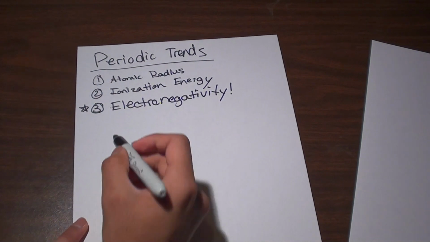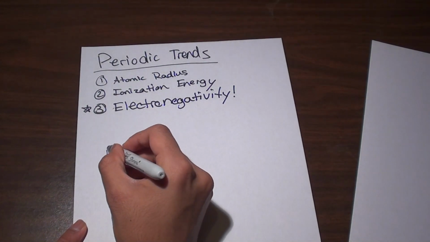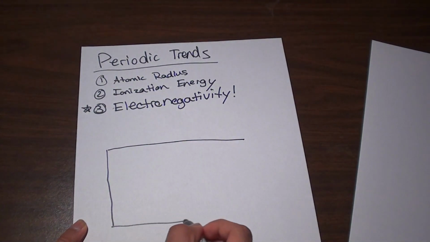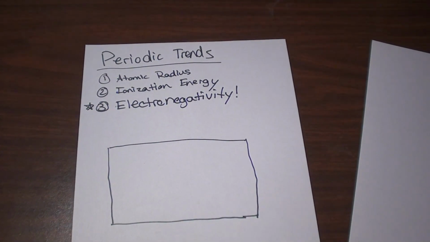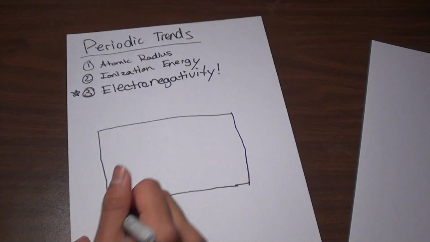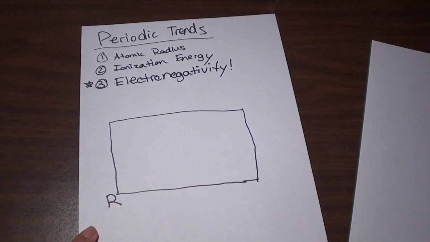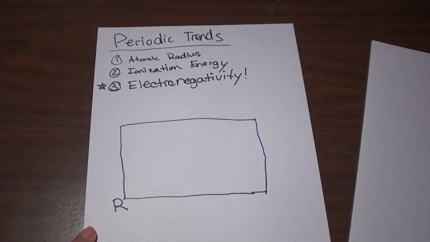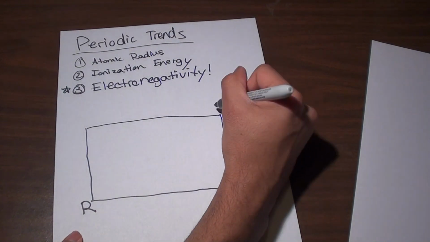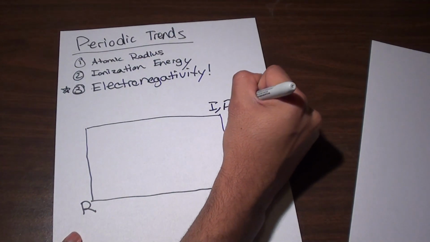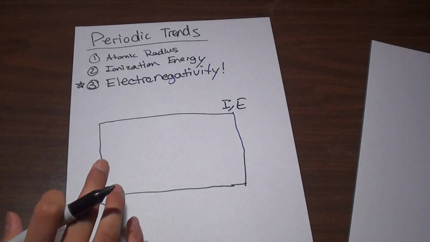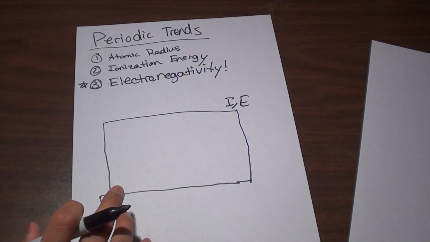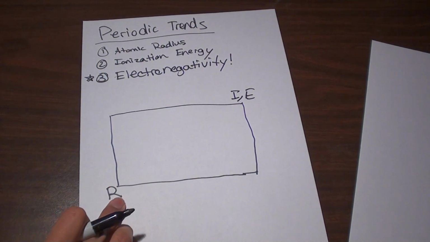So in order to help you memorize this, I'm pretty sure I picked it up from Mr. Thread, but it really is the most effective way of memorizing it. You just put an R down in that corner for atomic radius, and then you put an I and an E in this corner, and basically wherever that letter is, that periodic trend is going to be highest.